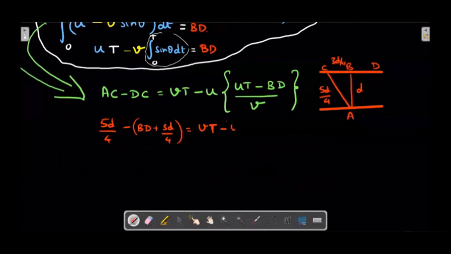So this would be, in the next step I'll do U square T by V minus U BD divided by V. So all these V's will get cancelled anyway.